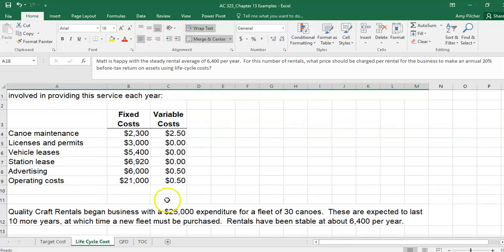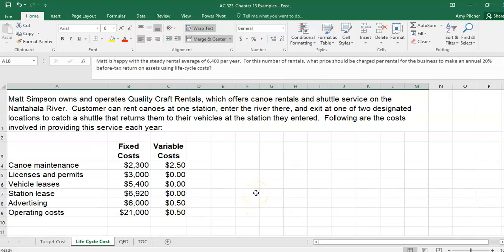The next example that we're going to look at is a life cycle cost, where we want to look at all of the costs along the life cycle and set our target cost. In this case, it's going to be for return on assets. So we own a canoe rental.